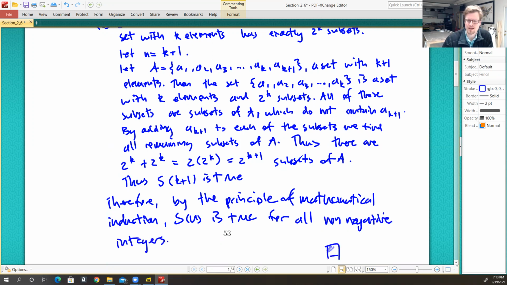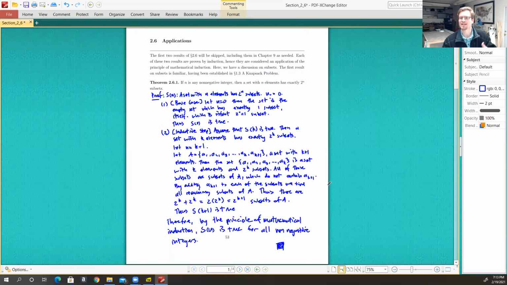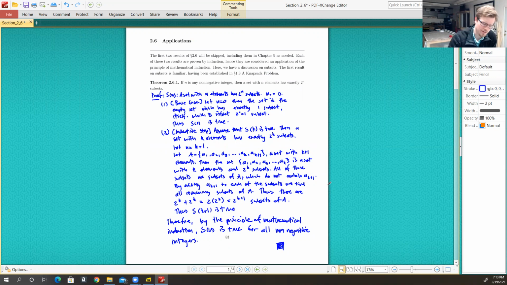Excellent. Indicate the end of our proof, and we're all set. That's it. So this is a proof by induction that every set with n elements has 2 to the n subsets. An idea that we presented and actually demonstrated already in section 1.3.